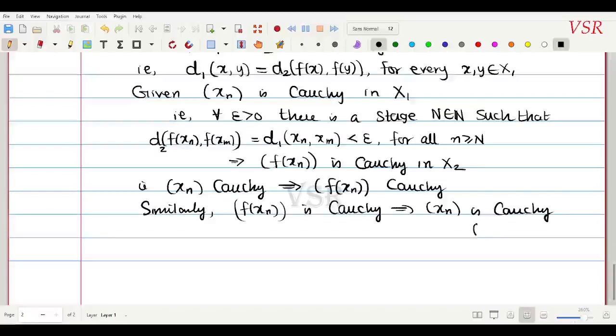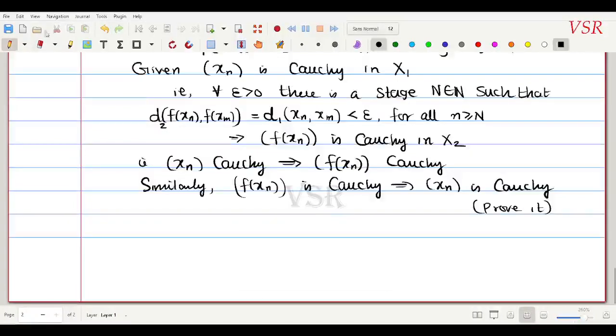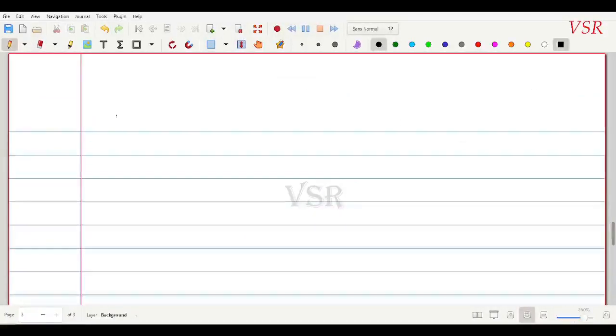Prove it. Okay, சரி. So the second part we are going to show that அது ரொம்ப சிம்பிள். Okay, so number 2, suppose X1 is complete. Okay, இப்போ என்ன ப்ரூவ் பண்ணணும்? To prove X2 is complete.